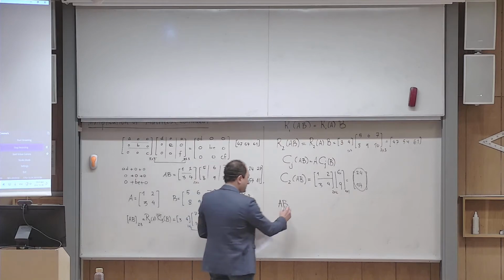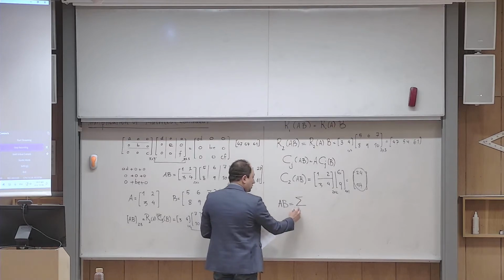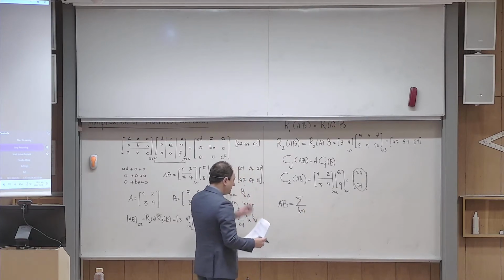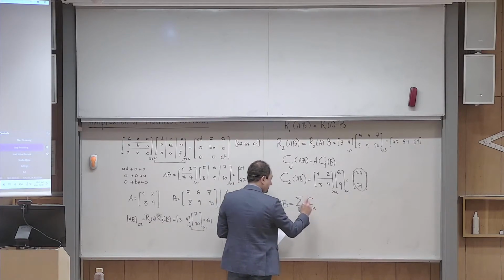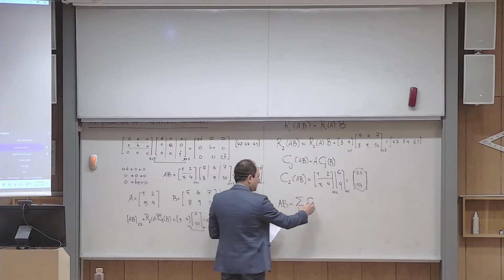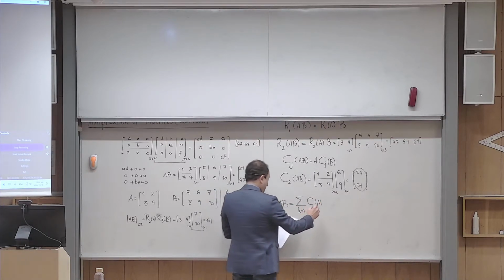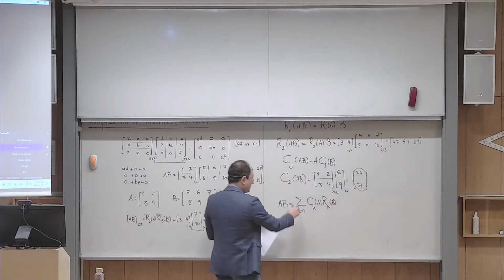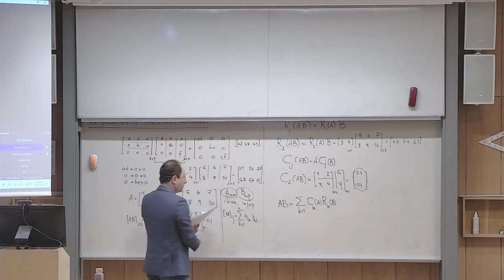The whole matrix is equal to sigma, k goes from 1 up to, I will come back to that, and then I will take the kth column of matrix A multiplied by the kth row of matrix B. Okay, can you tell me k goes from where to where? Still the dimensions of my matrices are this.